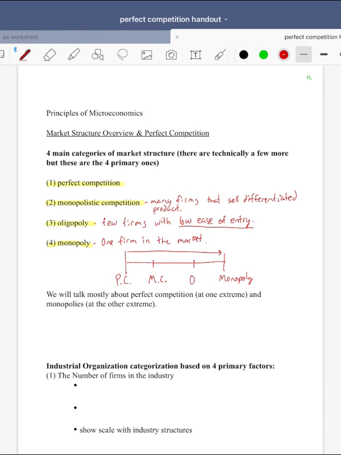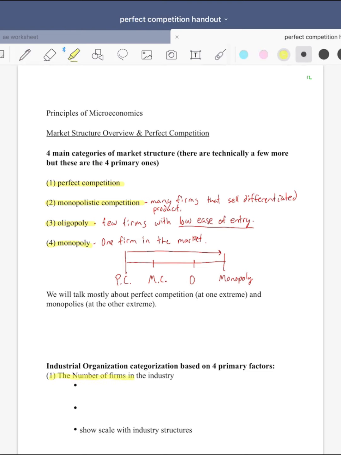Let's talk about the four primary factors. Each industry has four key characteristics that we're going to highlight to help place them into one of these four market structures. We'll talk mostly this semester about perfect competition and monopolies, which are our two extremes.